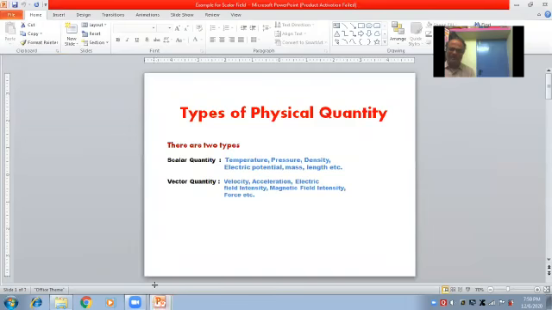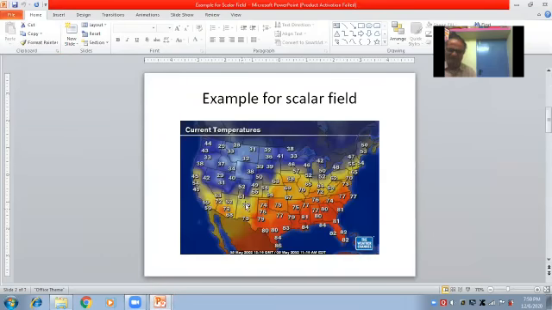I have some examples for scalar and vector fields. Here you can see this diagram in this picture. We have the picture of the world, and these numbers indicate the temperatures at different regions. So it is the best example for scalar fields, as each number indicates the temperature at that particular position.